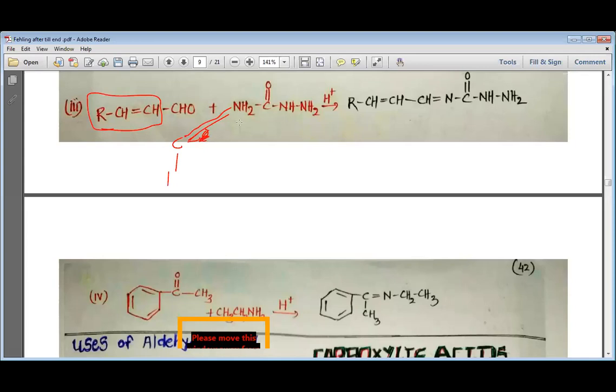This oxygen will be removed, and two hydrogens are removed. So by condensation, one water molecule is removed and there will be a double bond between this carbon and nitrogen, and we get the final product as an oxime.